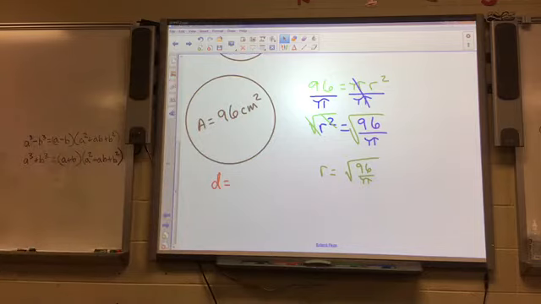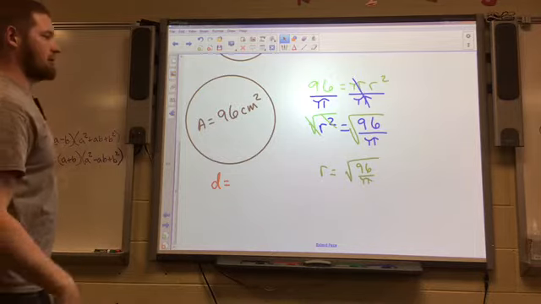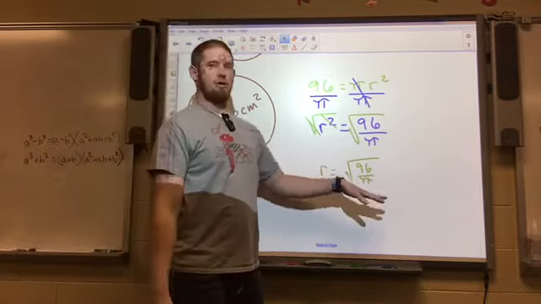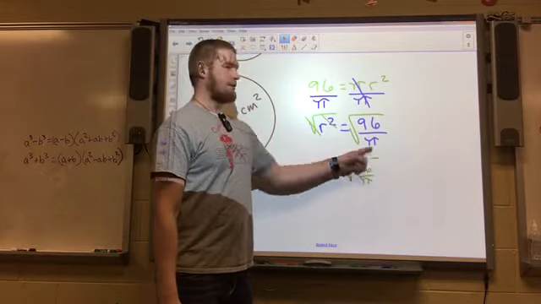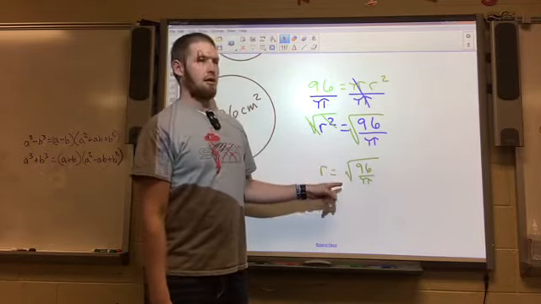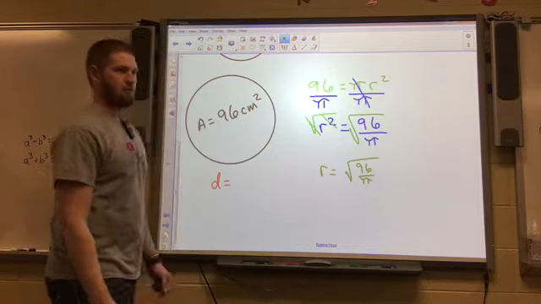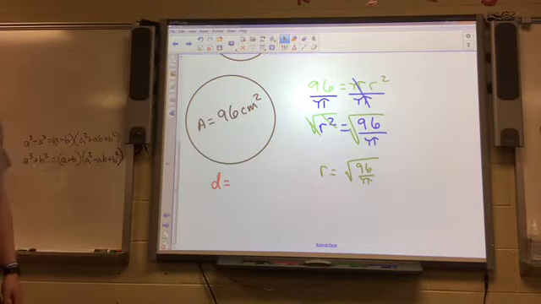Now, that can actually be reduced and changed a little bit. For the sake of what we're doing right now, go ahead and leave this. You're not going to have a lot of problems where you do this, so I'm not real worried about it. Leave this, this is okay. Next year in Algebra 2, I'll show you how to reduce that.